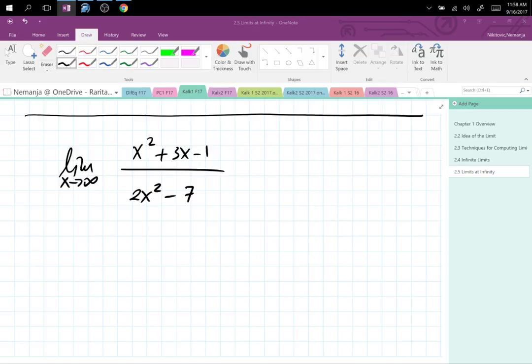But let's say you don't know that. So how do we solve this limit? When you have polynomial divided by polynomial, divide each of the terms by x raised to the highest exponent that you have in the entire problem. In this case, it's x squared, so I will divide each term by x squared.